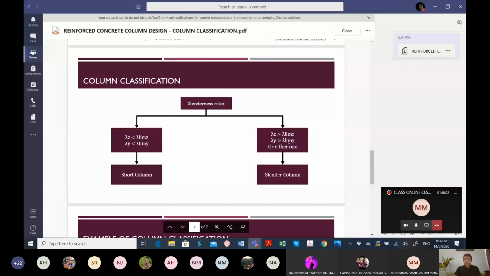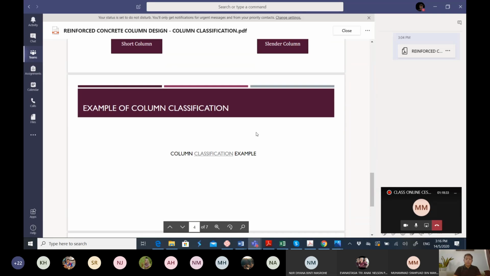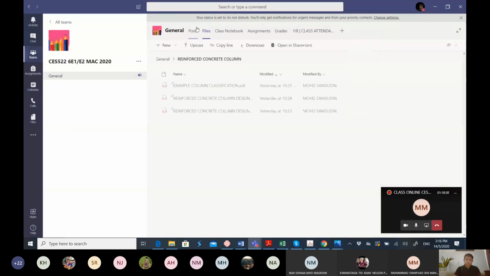If both are more, then it's also considered as a slender column. Okay, then I will continue on our column classification example.